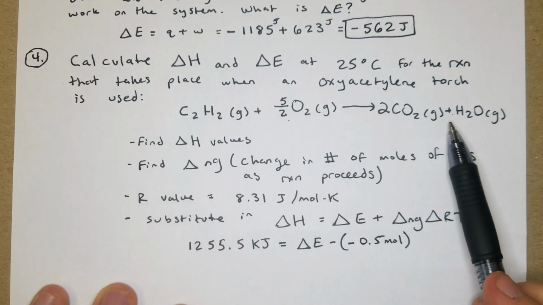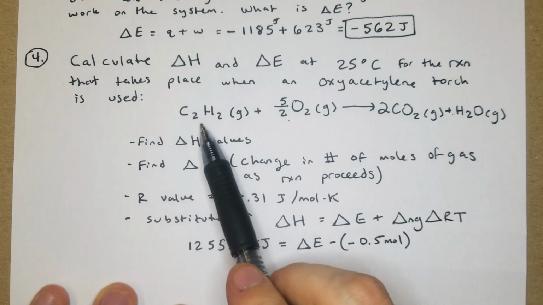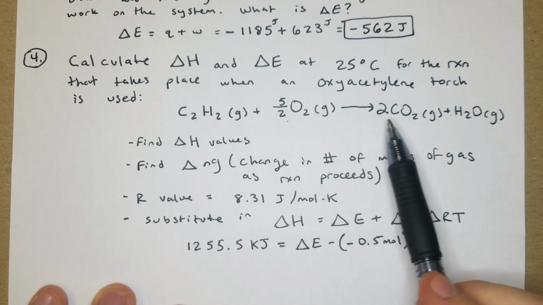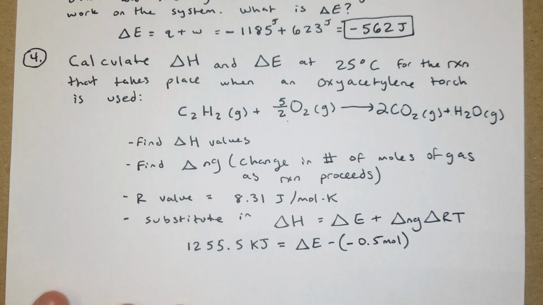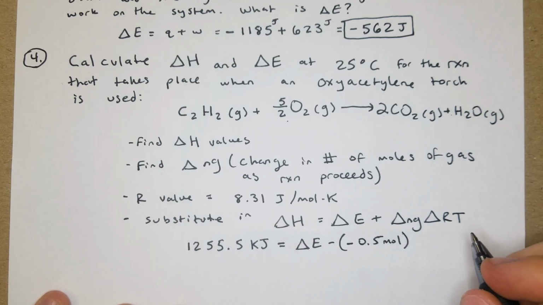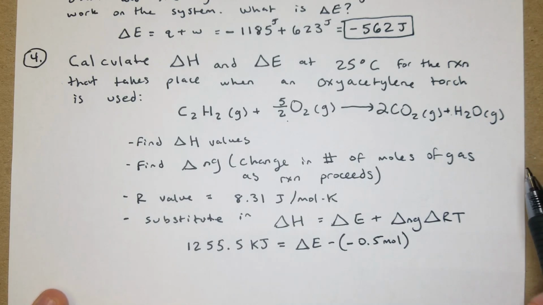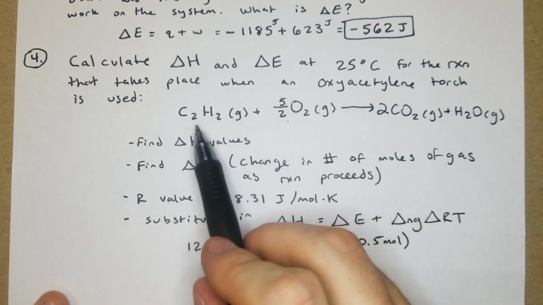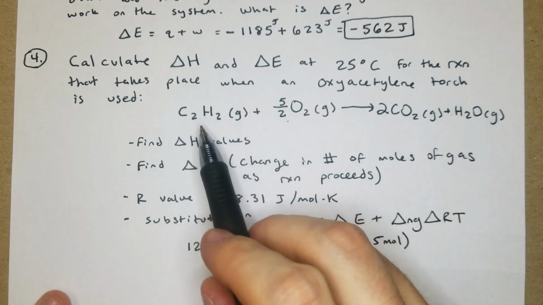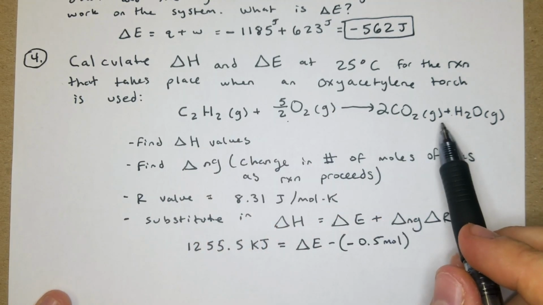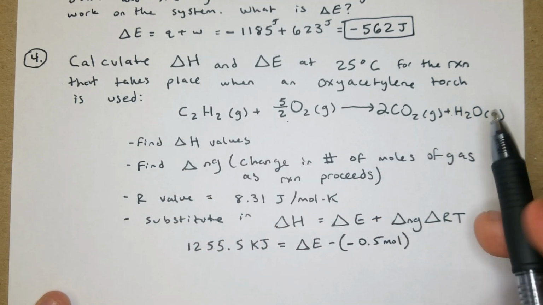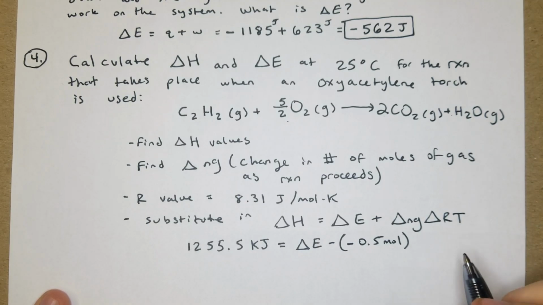The 5/2, and the 1 here assumed, 2 here, and 1 here. Since everything is gas, we look at the total net. This is equivalent to 2.5 and 1, so that's 3.5 in total. Then we have 3 over here, so the difference is 0.5 mole. That's where we got that.